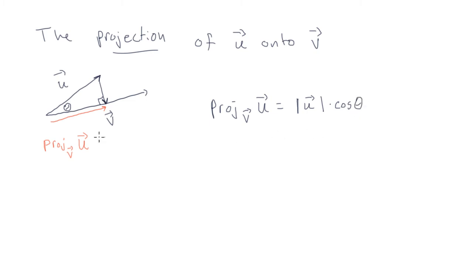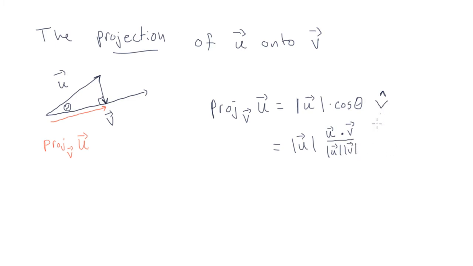Well, that's the length, but then what direction is it in? I want to put it in the direction of v, so I put a v hat. But we can actually unpack this a little bit. Let's write what all of these things are. Length of u, that's easy. Cosine of theta, we already saw in terms of the dot product, is u dot v divided by length of u times length of v.